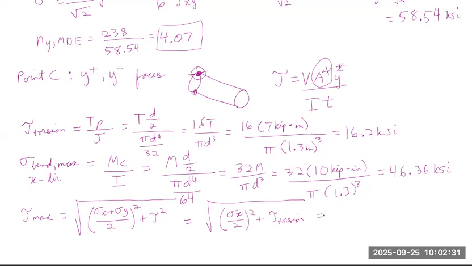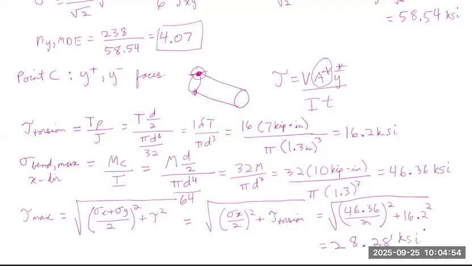So then it is equal to the square root of 46.36 over 2 squared plus 16.2 squared, which is equal to 28.28 ksi.